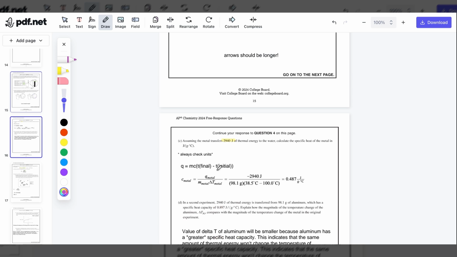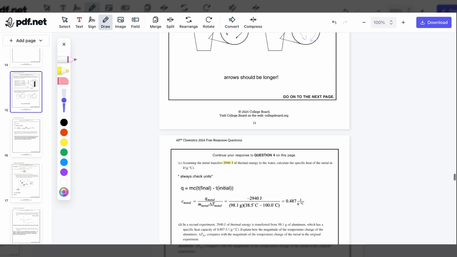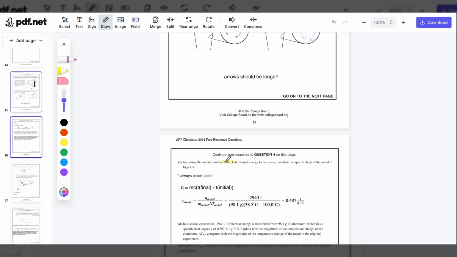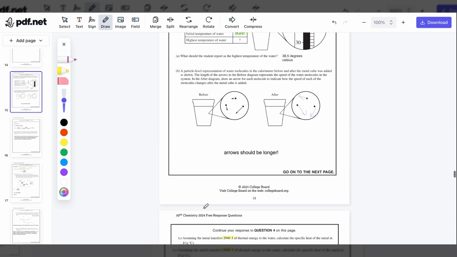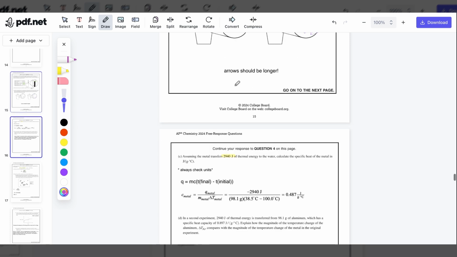So you do q of the metal over the mass and the temperature change. This was given to us right here. We negate it, make it negative. And then you have the mass of the metal, which is over here, 98.1 grams.